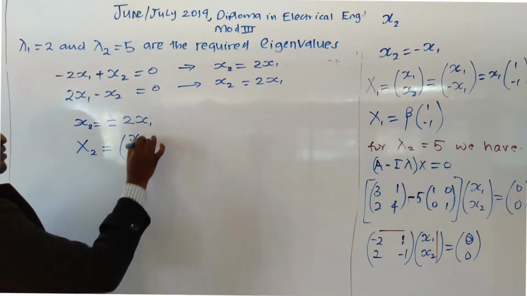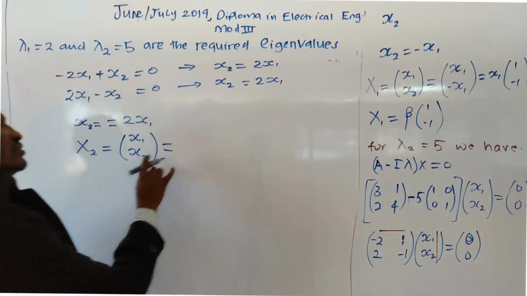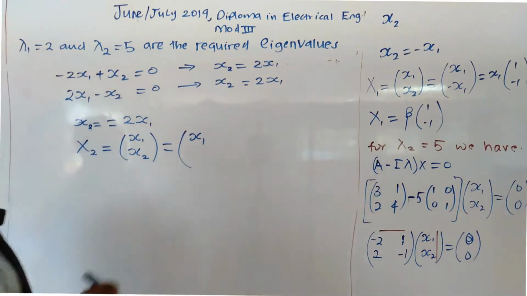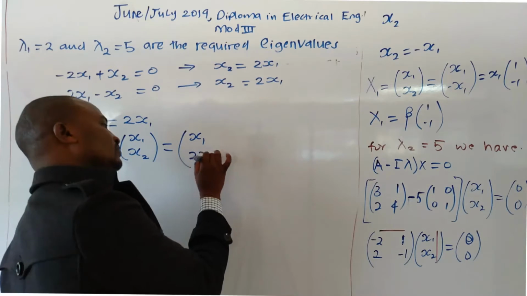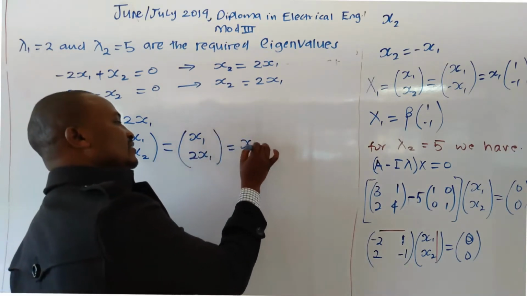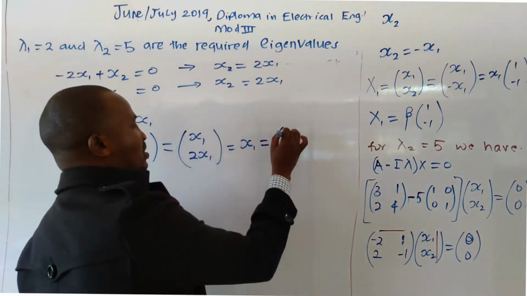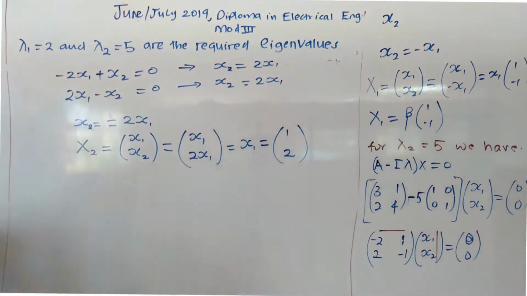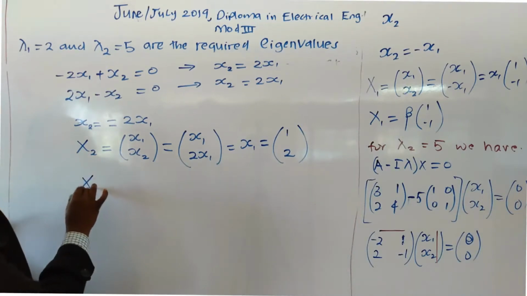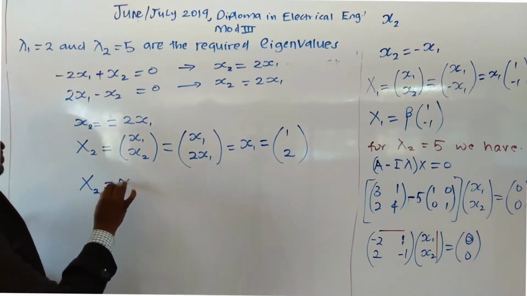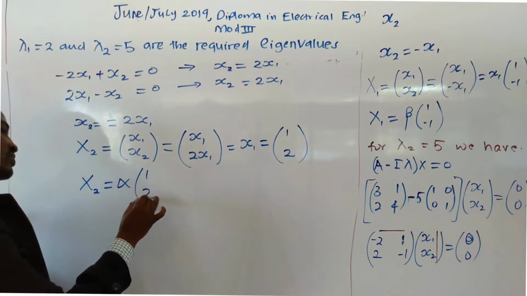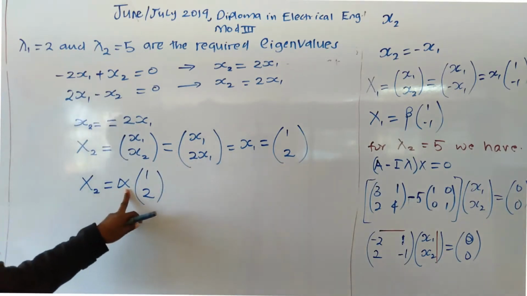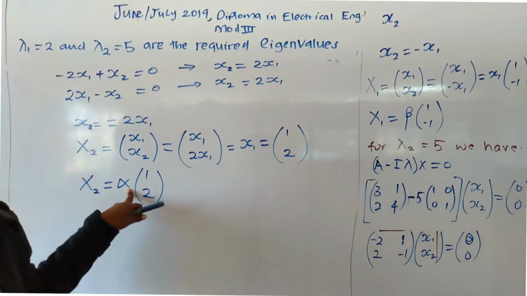But x2 can be rewritten in terms of x1 as 2x1, so we can say this is x1 times (1, 2). But we like to be more general and we say x2 is a certain constant, say alpha, times (1, 2). Because this value will take many different forms. It could be 1, 2, 3, 5, or 10. It will go up to infinity.